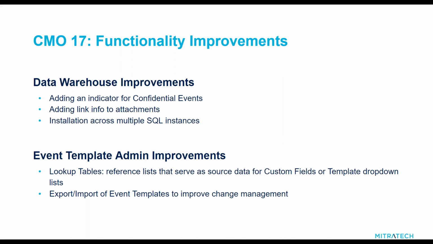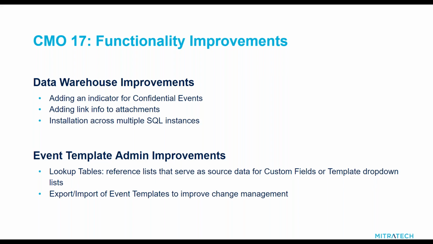And then a couple of key improvements to the administration of event templates. I mentioned previously lookup tables. Lookup tables are a new feature in CMO that are basically reference lists to drive your dropdowns. Where today each dropdown in an event template is managed locally within that event template, you now have the ability to reference a centralized dropdown list.